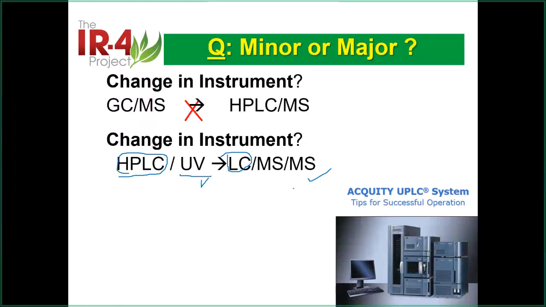LC-MS versus UV, that's fine. If there's any change, the UV measures the wavelength of the double bonds, versus the mass spec, which is getting more information out of there. So of course the LC-MS is more expensive. So the answer is yes, you can do it.